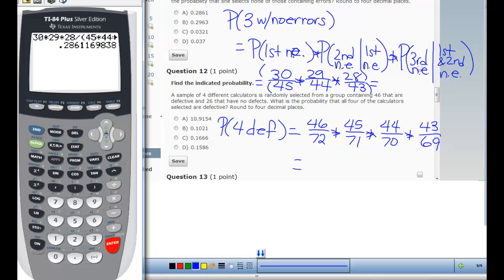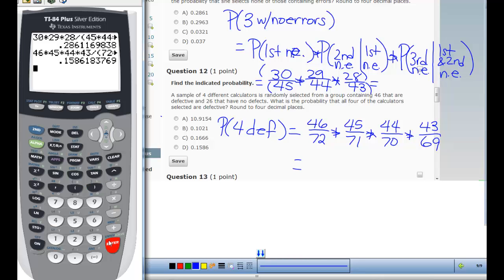Again, I'm going to multiply my numerators and divide that by the product of my denominators.